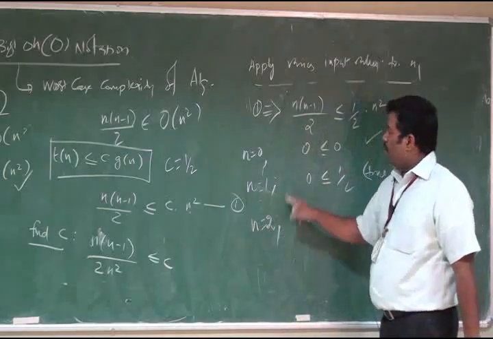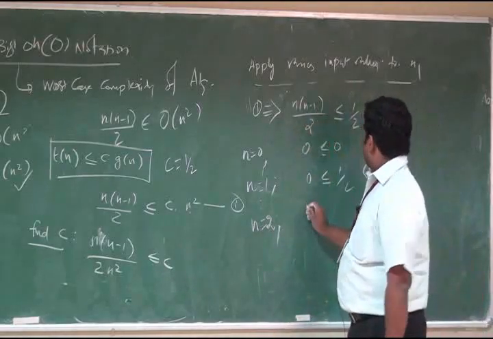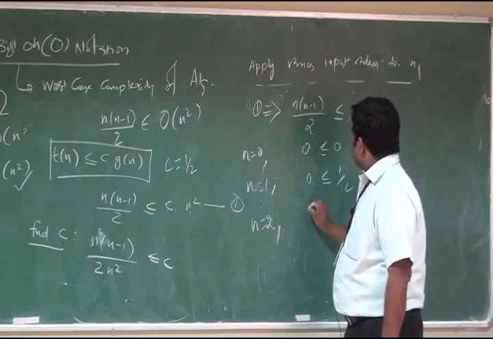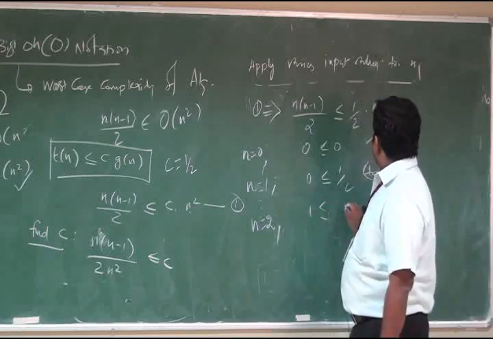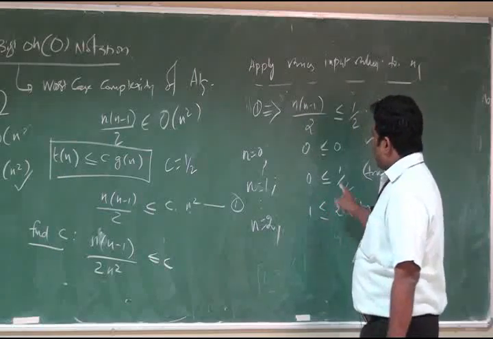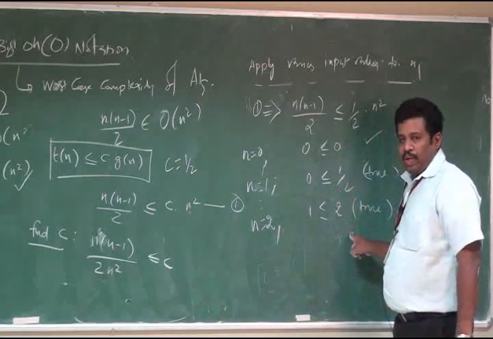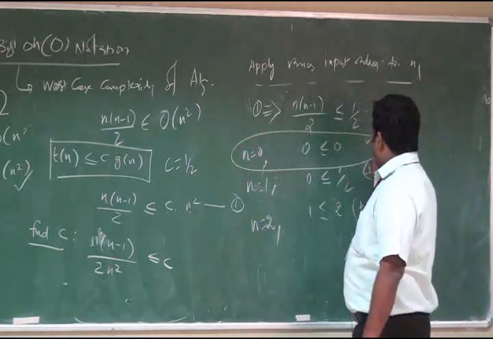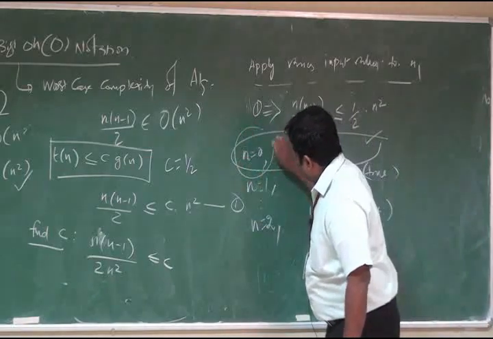Suppose you apply n equal to 2 on equation number 1. You get 1 less than or equivalent to 2. Yes, it's true. You are getting consecutive true values here, so you select the first true value as the non-negative integer.